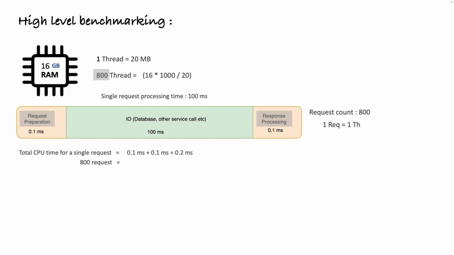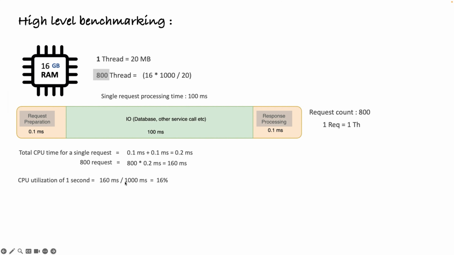For 800 requests, it will take 800 into 0.2 millisecond, which is 160 milliseconds. Next, let's evaluate the CPU utilization per 1 second. To evaluate the CPU utilization, the total CPU time for a single request is 0.2 millisecond, and for 800 requests it is 160 milliseconds, right?